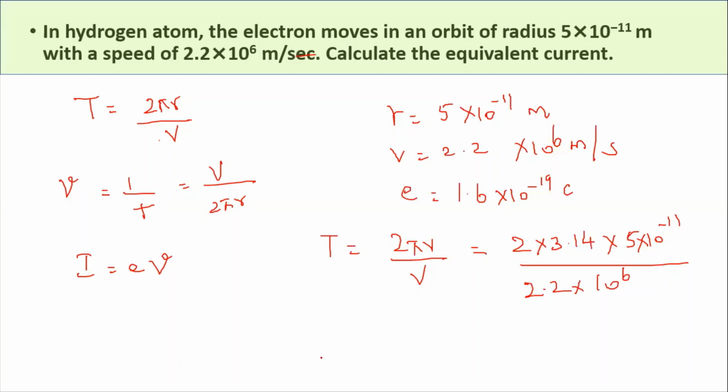Okay. And frequency will be the reciprocal of this. Nu will be equal to 1 by T. So you can take the reciprocal directly and solve, rather than solving this and taking 1 by.